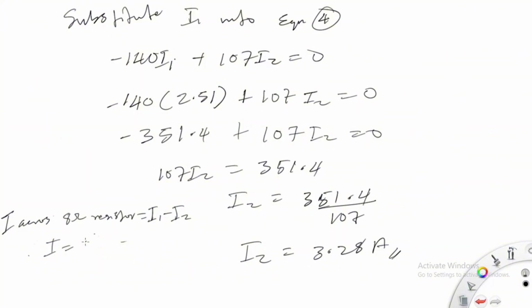We obtained I1 as 2.51 minus 3.28. So I now will be equal to minus 0.77 amps. So that will be the current flowing across our 8 ohms resistor.